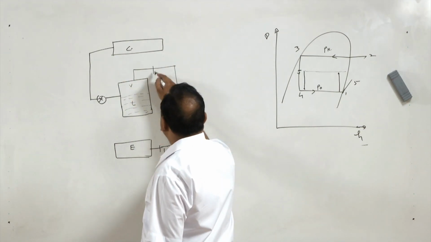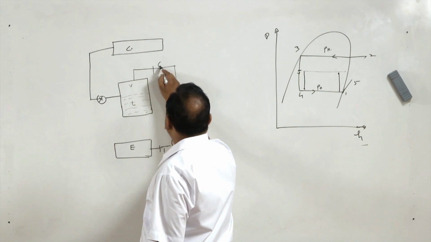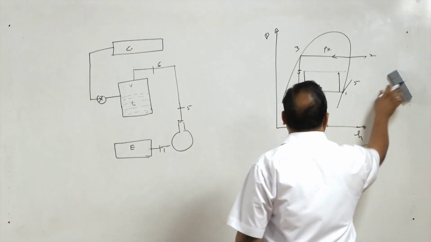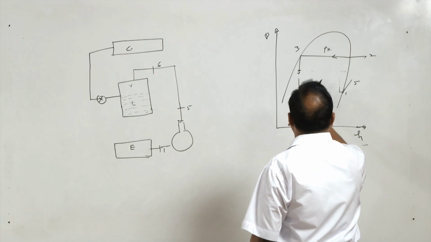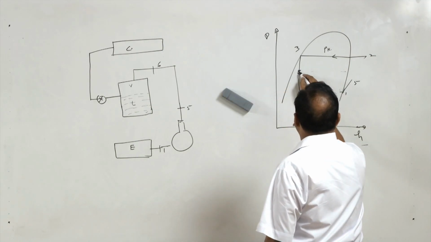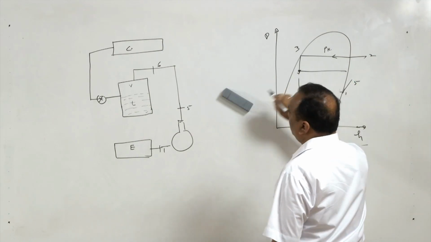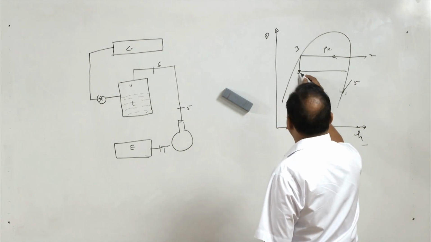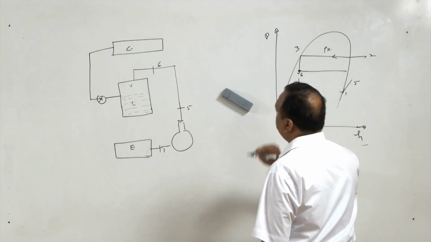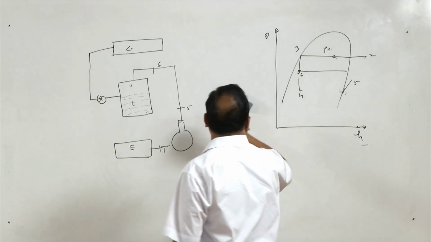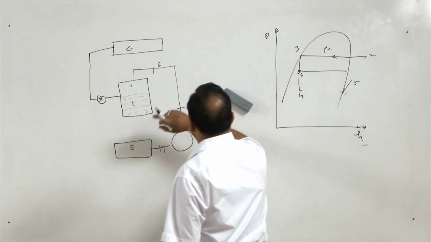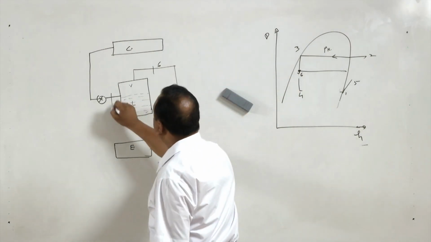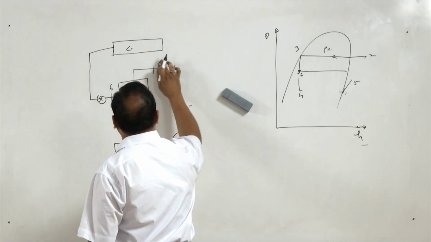Now, expansion has taken place up to here, so this point is 6 and this point is 7.